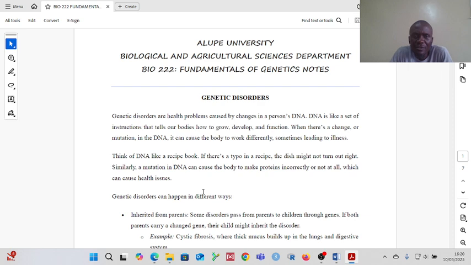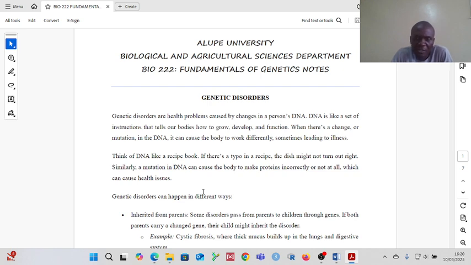So as we know, DNA is a set of instructions which tells our bodies how to grow, how to develop, and how to function. So whenever there is a change, whenever there is a mutation in the DNA, such a change can cause the body to work differently. And in some cases, that difference in the working might result in a disease.